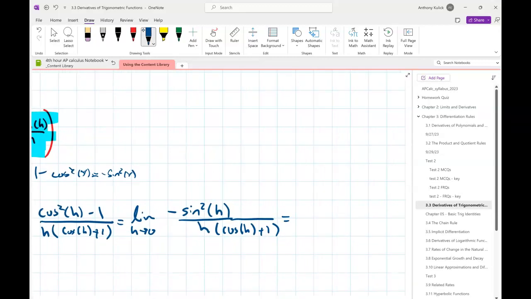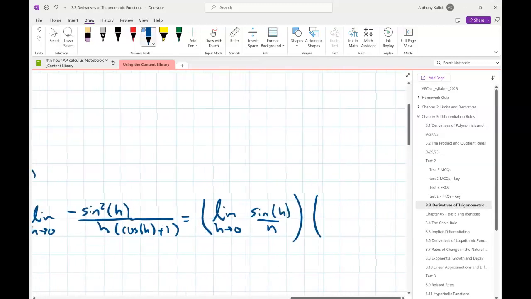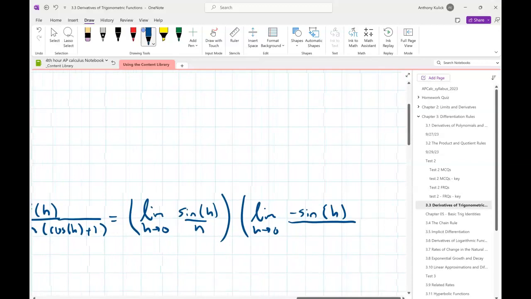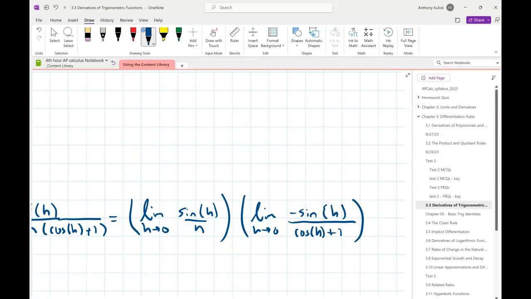So if I look at this now, I'm going to separate this into 2 chunks. So what are we going to do? We're going to have a negative, well, let's just do our sine h over h. And this we know is 1.